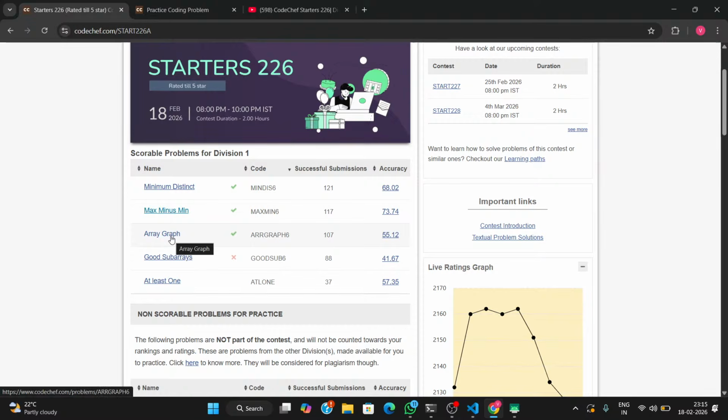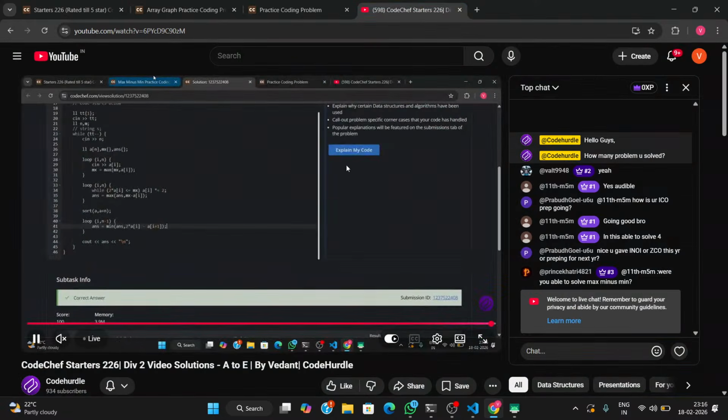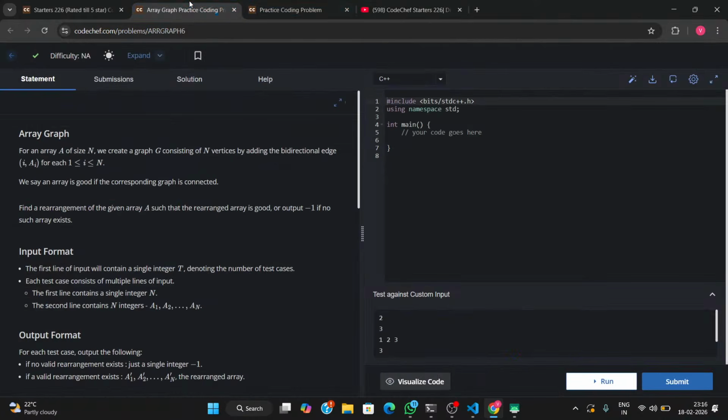Now let's move to the fourth problem. For an array A of size N, we can create a graph G consisting of N vertices by adding bidirectional edges I comma A of I. We say that the array is good if the array corresponds to a graph that is fully connected.